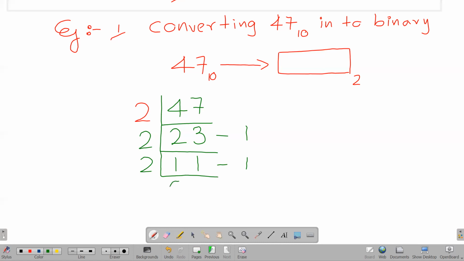So 0 times are there for 1, and with this one and the other one it forms 11. So there will be 5 times 2 for 11, and again, 1 is remaining. Still 5 is not something less than 2.